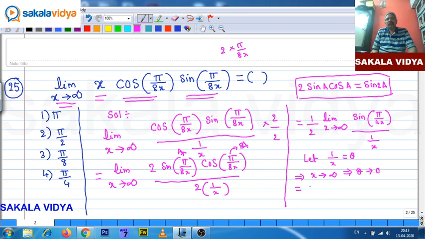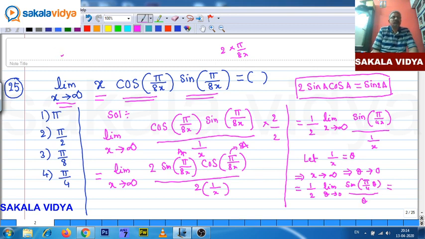So now this problem we can change like this: limit theta tends to 0, sine of pi by 4 times theta by theta. I already explained one shortcut to you.